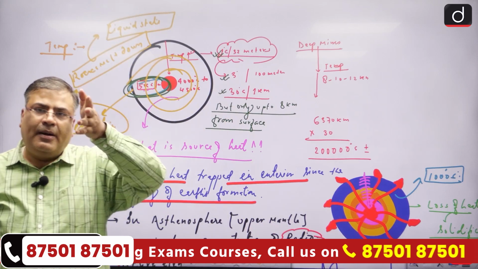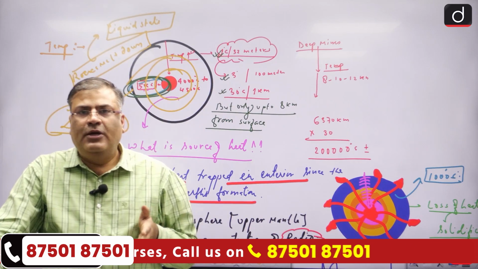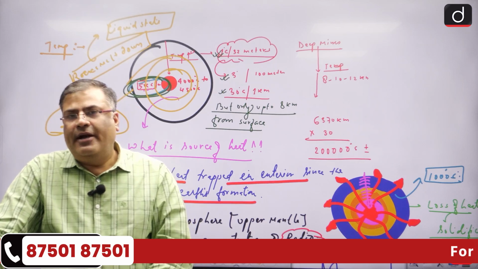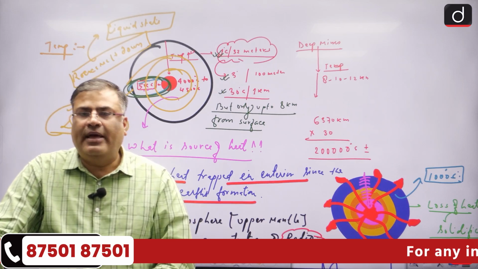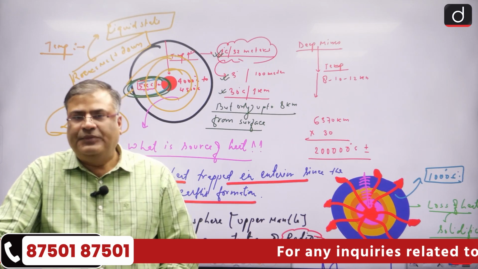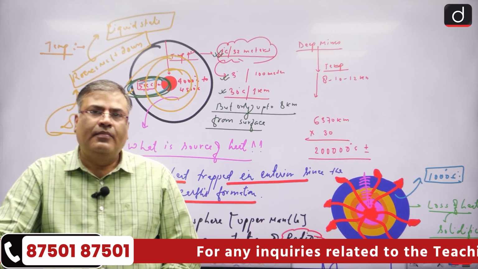Do not jump to any conclusion. You simply think: is it possible to say that in the earth interior the temperature is so high that the rocks should be in the liquid state? Yes, we can say that.